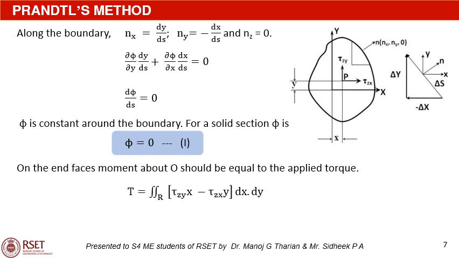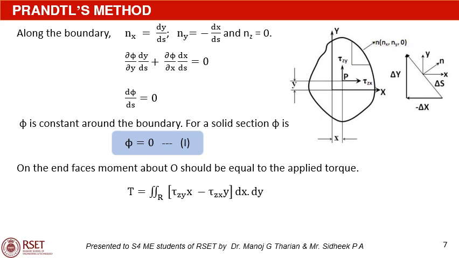For a point on the boundary of the cross-section, the direction cosine nz equal to 0 since the cross-section is perpendicular to the z-axis. The direction cosine nx is equal to dy by ds and ny equal to minus dx by ds, which we have already seen in the Saint-Venant's method. Out of the three equations for boundary conditions, only the third equation exists because all the terms in the first two equations are 0.